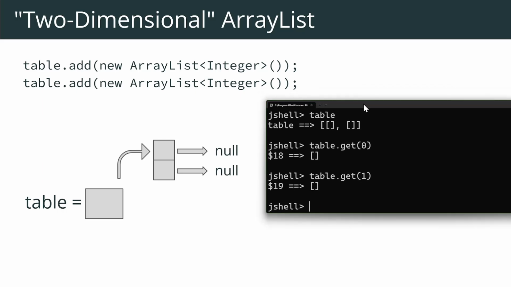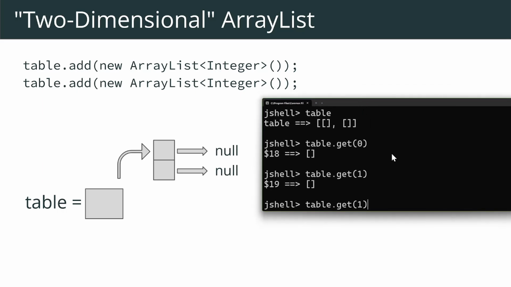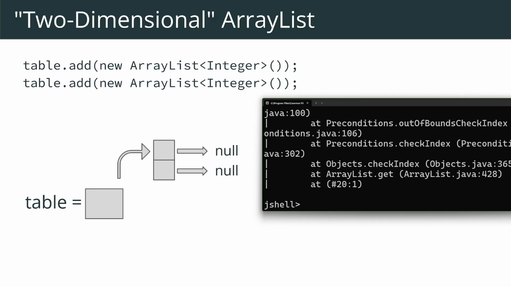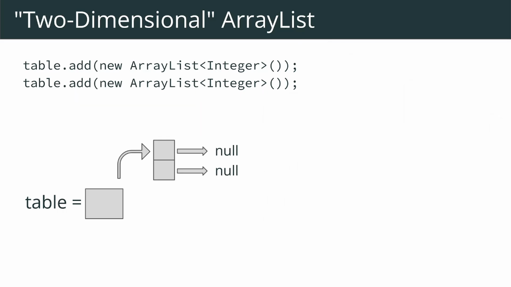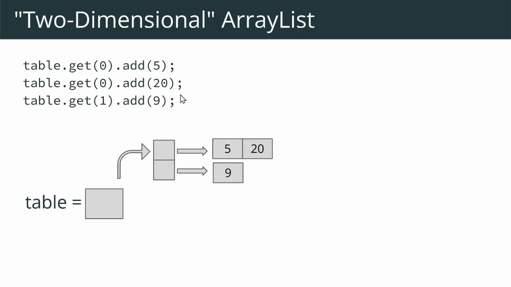But be careful about going past the bounds. If we were to do get 2 here, 2 doesn't exist because we have a size of 2, so indices 0 to 1. Be careful with that. But anyway, we can go ahead and populate this inner dimension now. One way we could do that is by using the add method.